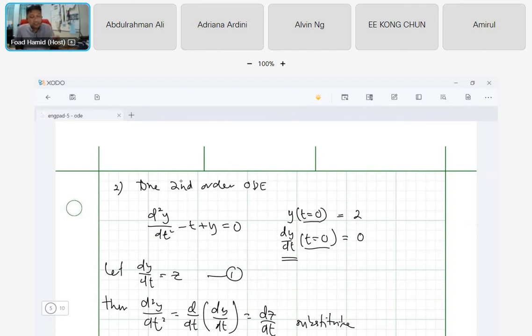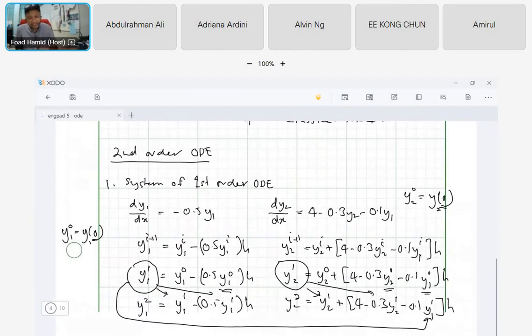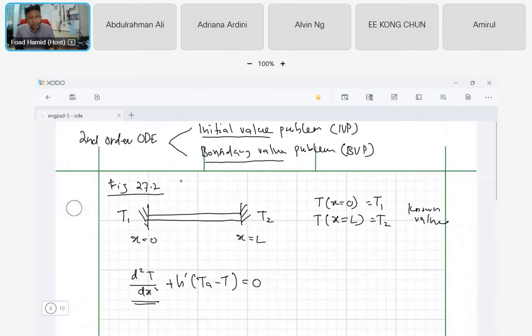In this case, t equal to 0, and in the other case, x equal to 0. And if you look at the next problem here, note that our two conditions are defined at different independent variable, in this case, at x equal to 0 and x equal to L.